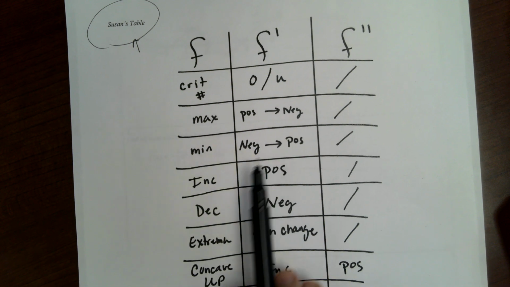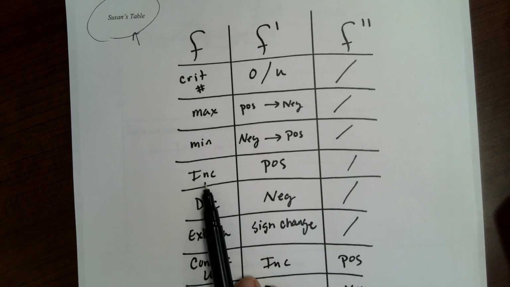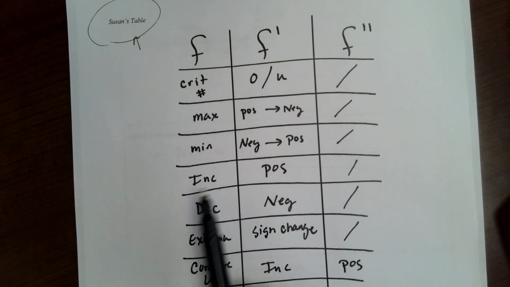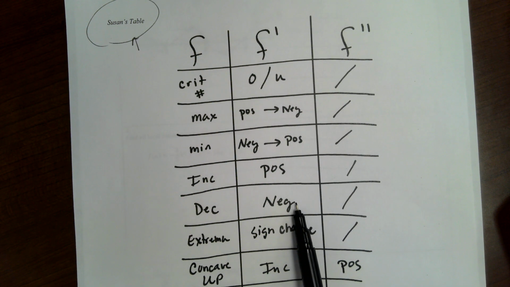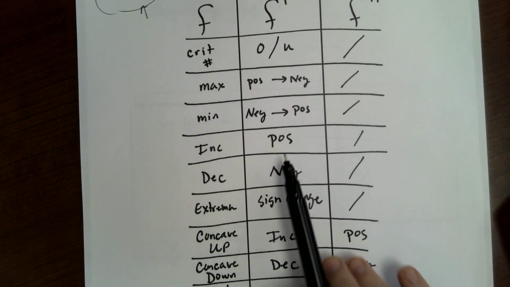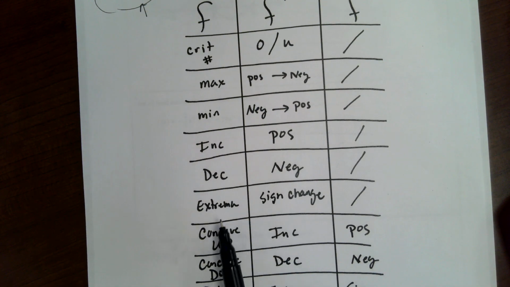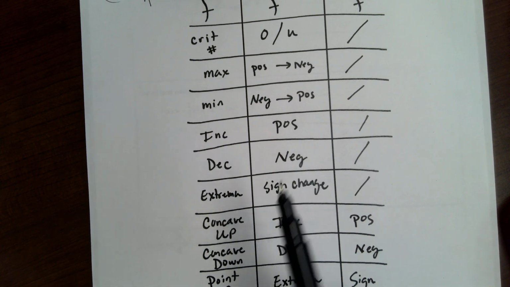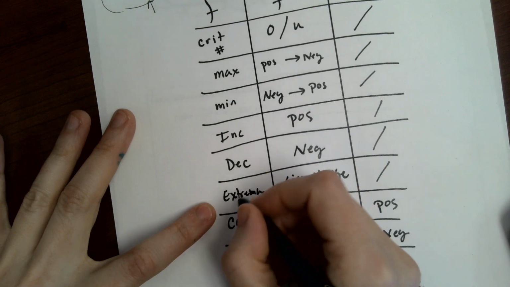Min, like this. Increasing: the graph of f over a certain interval would be going up if the f prime graph were positive, or above the x-axis, on that same interval. Decreasing, negative. Extrema: guys, extrema could be maxes or mins.